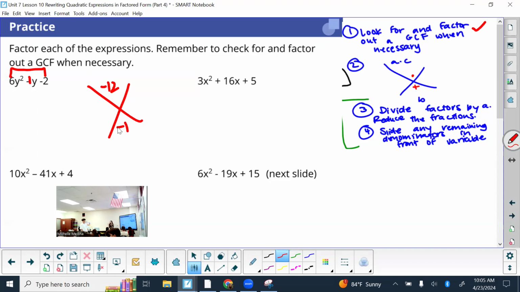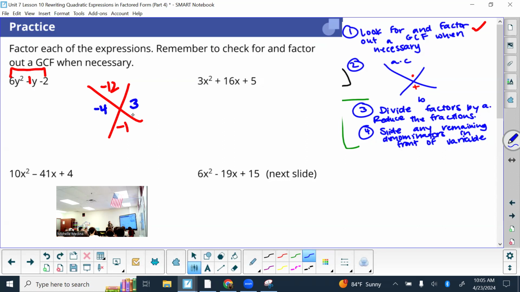All right, now we're thinking of 2 numbers that multiply to the top, add to the bottom. There's only a few numbers that multiply to 12. So what numbers multiply to a -12 and add to a -1? -4, +3 works.